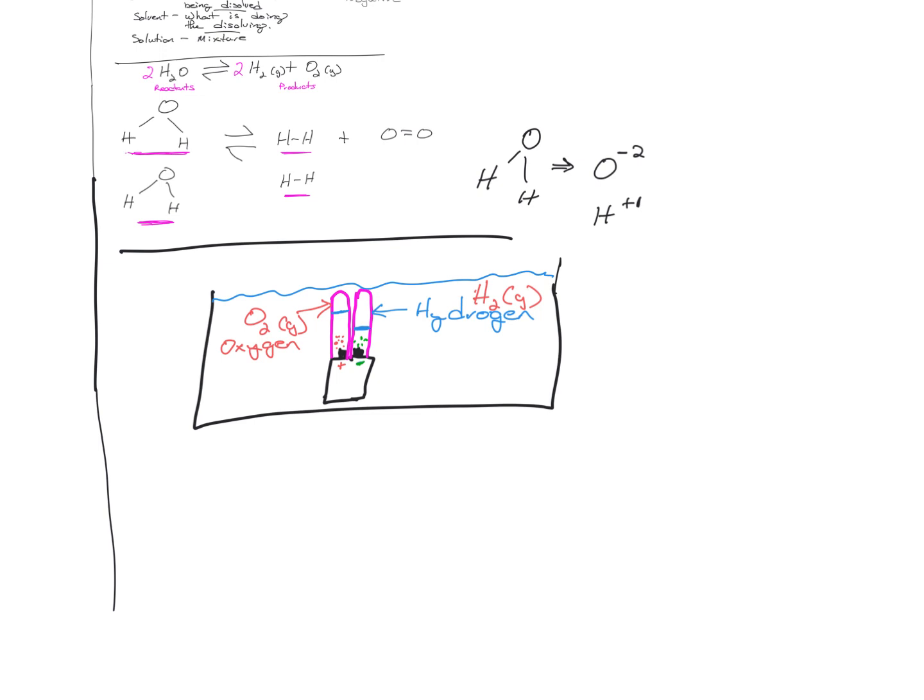So there's a good question. How do you know the difference? The gas that's over the positive side, according to our hypothesis, is oxygen gas. The gas that's over the negative side is the hydrogen gas.